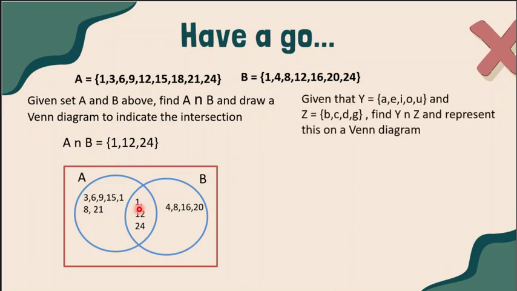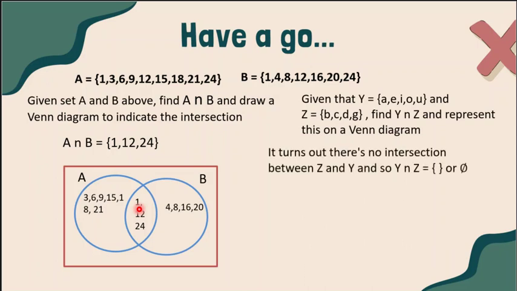Okay, let's see about this one too. We see that we have Y, which is a set of the vowel alphabet A, E, I, O, U, and then Z, which has these elements B, C, D, and G. What is the intersection between Y and Z, and how would you represent it?